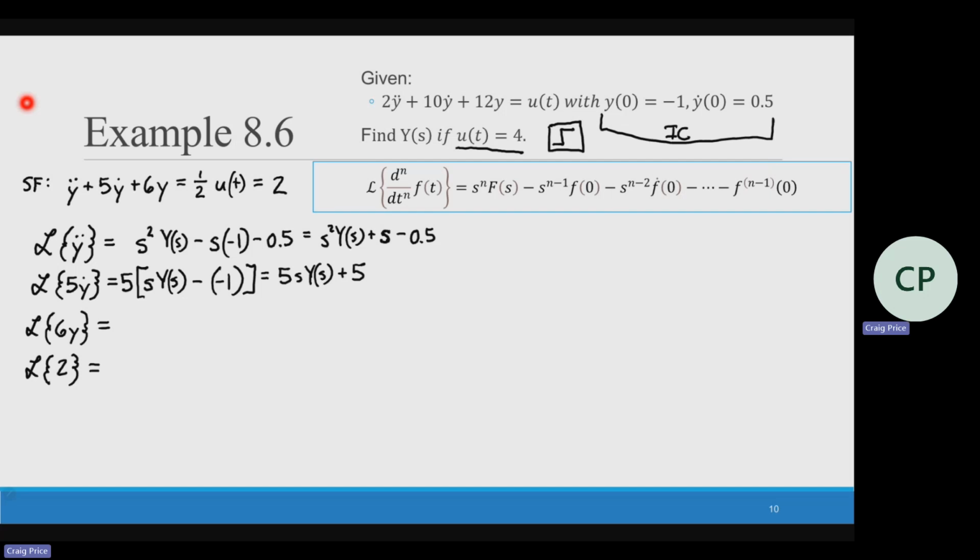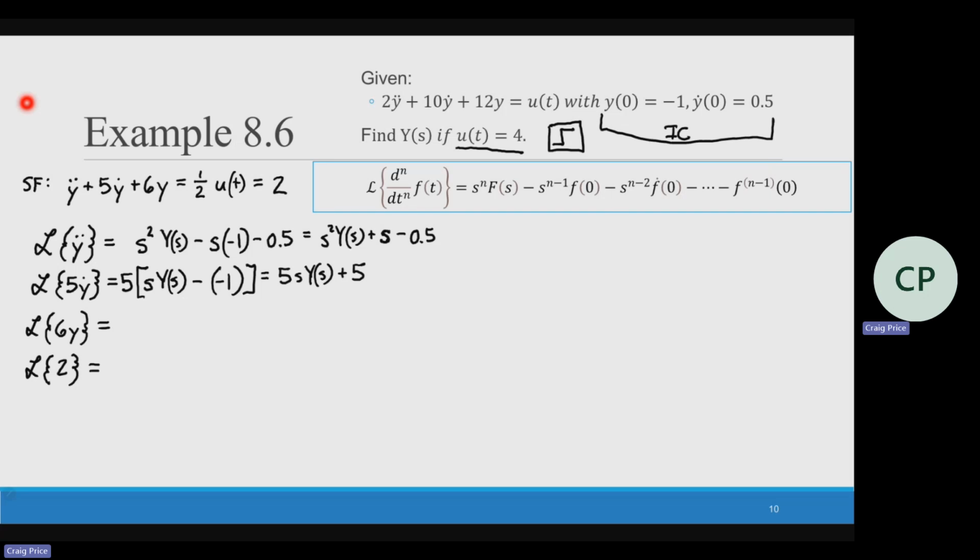Oh, cool. Okay, what is the Laplace transform of 6y? I don't have any derivatives, so you can think of this as there's no derivatives.